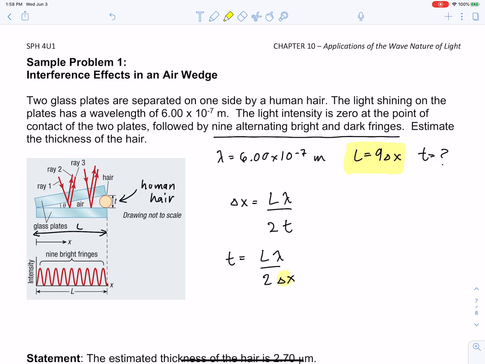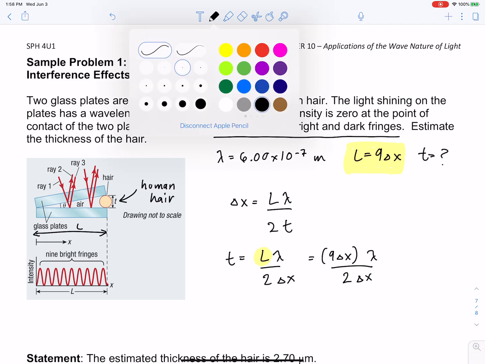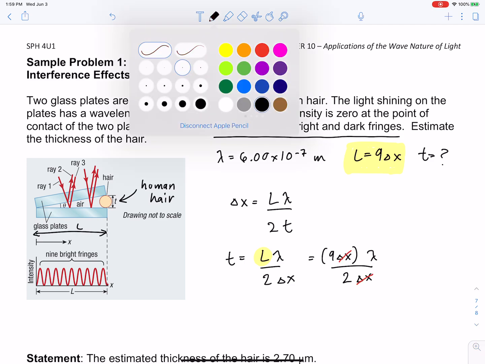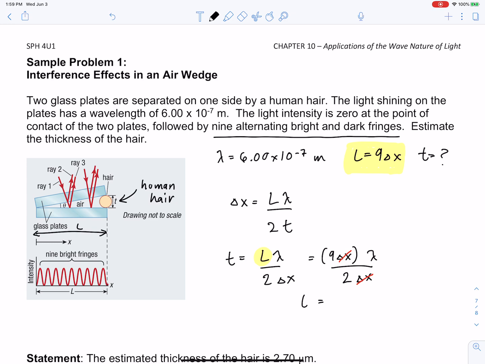So we're going to replace L with 9 delta x. We have delta x on top and delta x on the bottom, so we can see that these will cancel out, and we are left with t is equal to 9 lambda over 2.